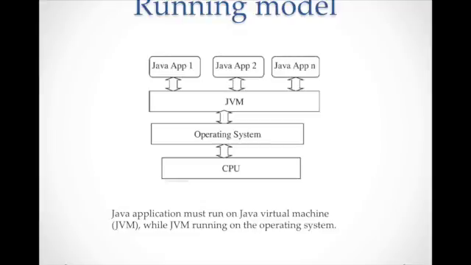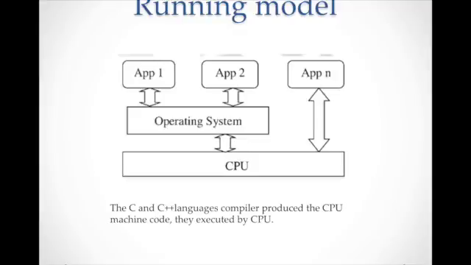But it means it can't control the running of the application directly. It must need a JVM between the system and the Java application. About the running model for language C and C++, the compiler produces CPU machine code, so a C application can be executed by the CPU.